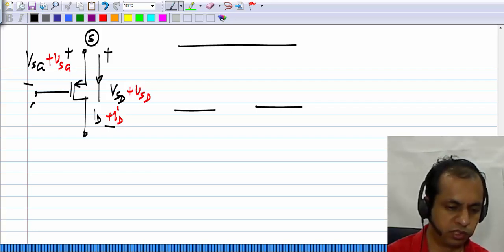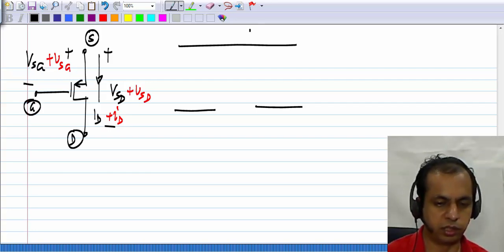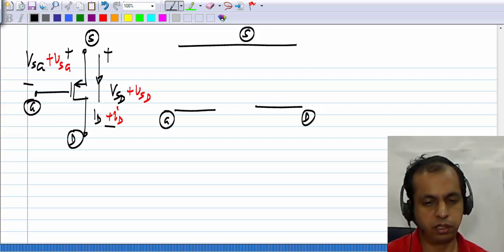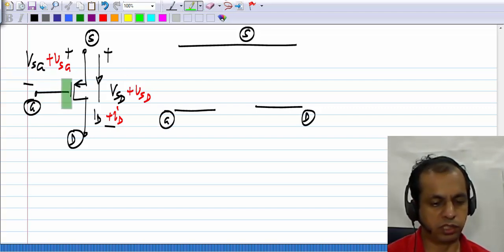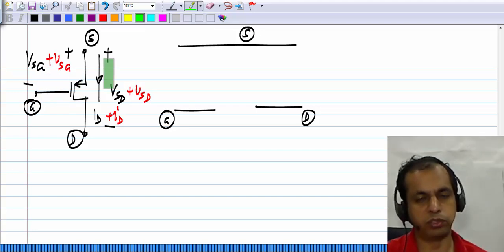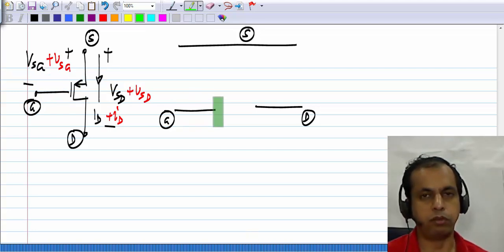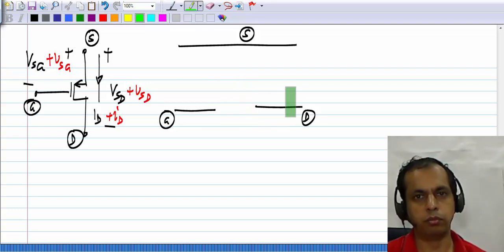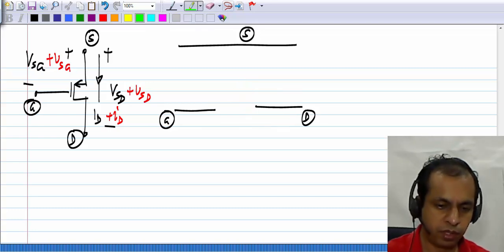This is the source, this is the gate, this is the drain, and similarly I'll draw the source, gate and drain here. Because Ig is 0, the gate current is 0 in a PMOS transistor as well, this gate terminal will be an open circuit in the incremental picture.